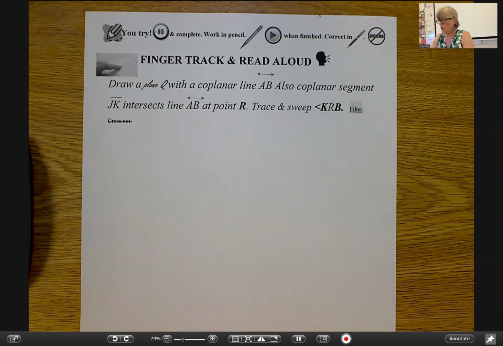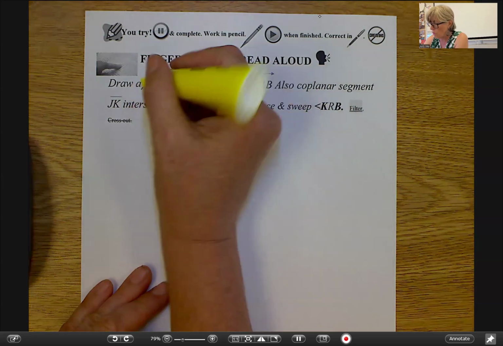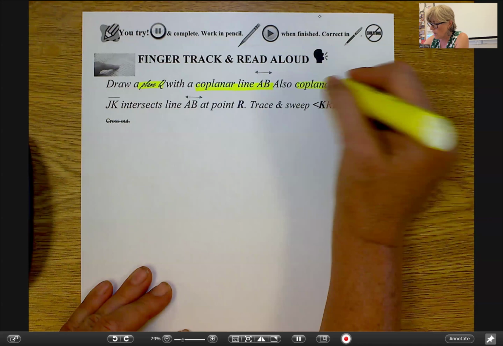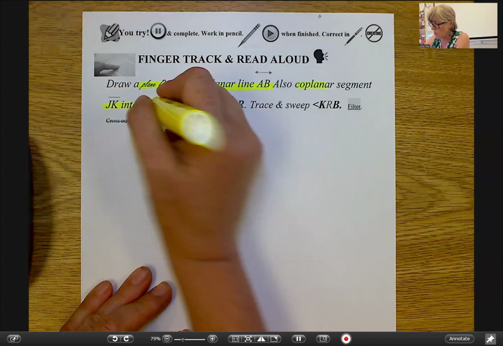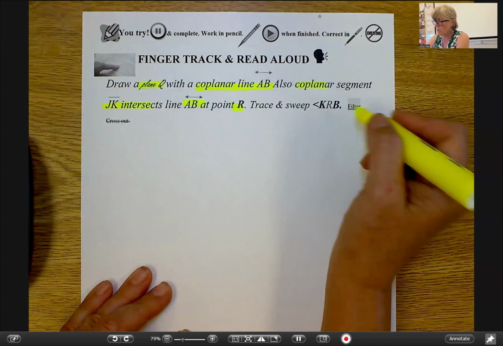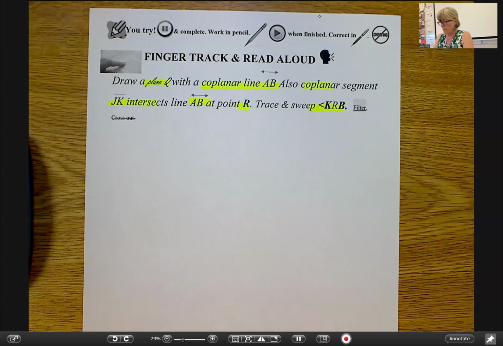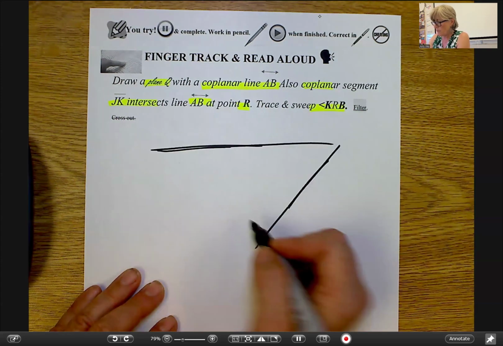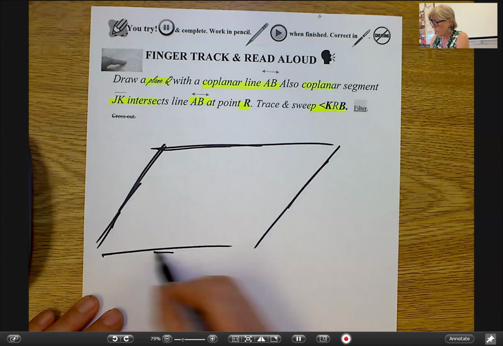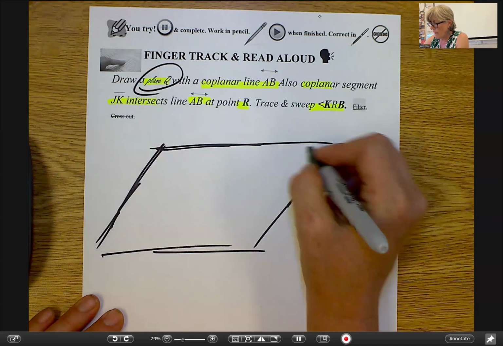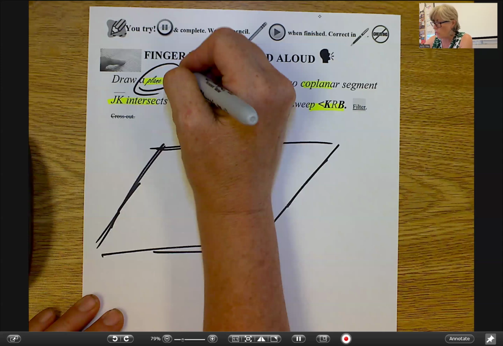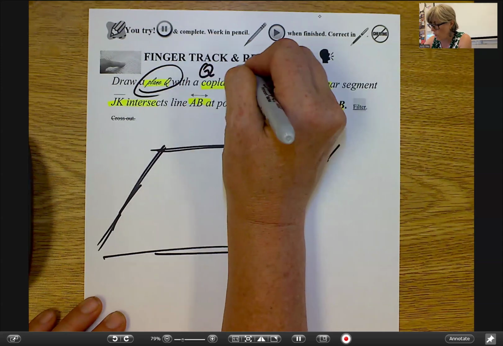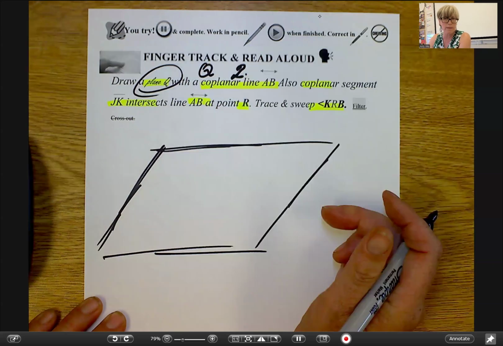So filter. We have a plane Q, coplanar line AB. You have another segment JK intersecting AB at R. Trace and sweep this angle. All right. We have a plane Q. Now, funny thing about Q, you can make kind of an italic Q, or some of you who know your cursive, Q looks like that. I'll take either.